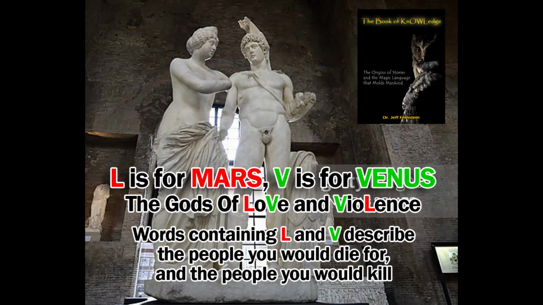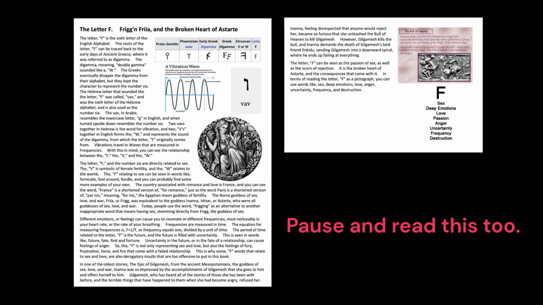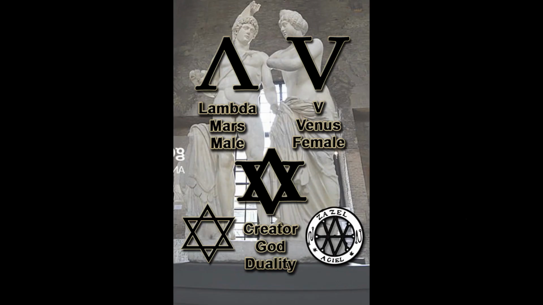Like the video that I did on L and V, which is Mars and Venus. What I didn't really touch on there is L and F is also Mars and Venus, because F is Freya or Frigg, which is also Venus. So you have a word like love that is the L and the V. It's Mars and Venus coming together, the goddess and the god of love. And they create existence because the man and the woman.